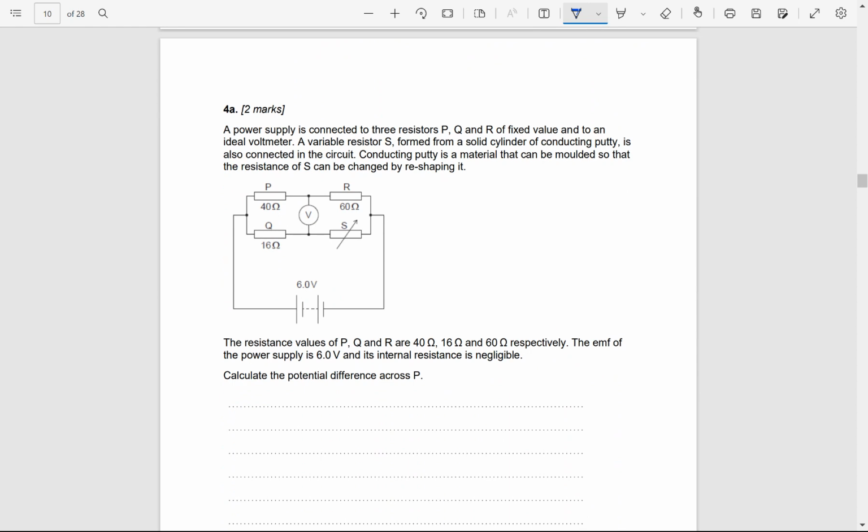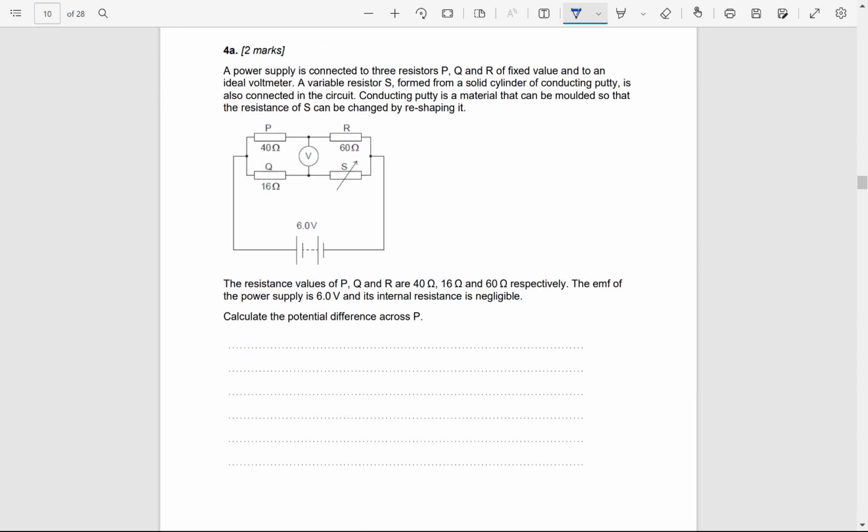Question 4 is about electricity. All of it is. So we're going to start with potential difference across. So we've got 4 resistors. All right. So we've got P, Q, and R, which are all fixed resistors of different values. And then we've got a variable resistor, S, made from conducting putty.